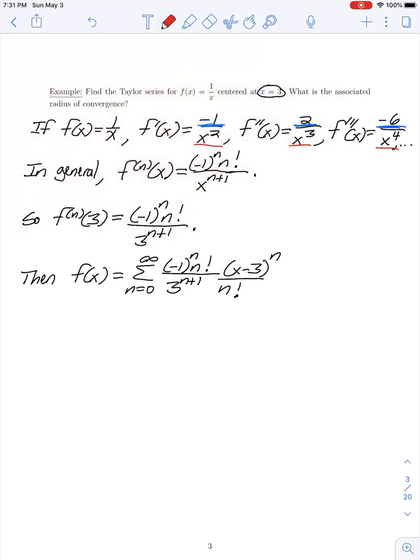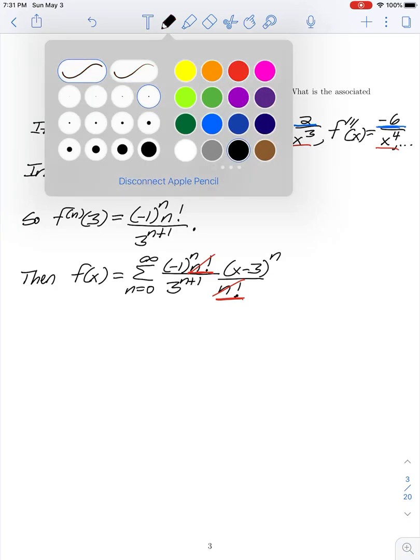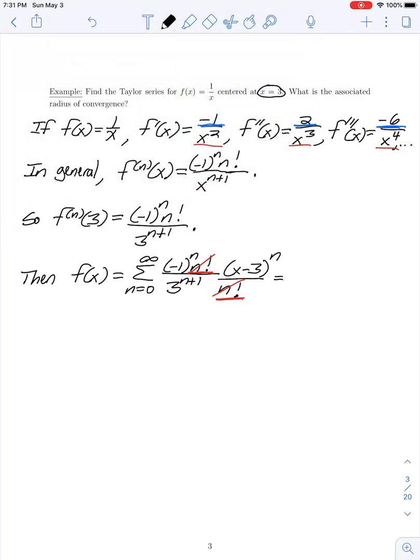So notice that when we do that here, the n factorial term that we had from our nth derivative and the n factorial term from the formula for our Taylor series will cancel, and we are left with the sum from n equals 0 to infinity of -1 to the nth times x minus 3 to the nth all over 3 to the n plus 1 power.